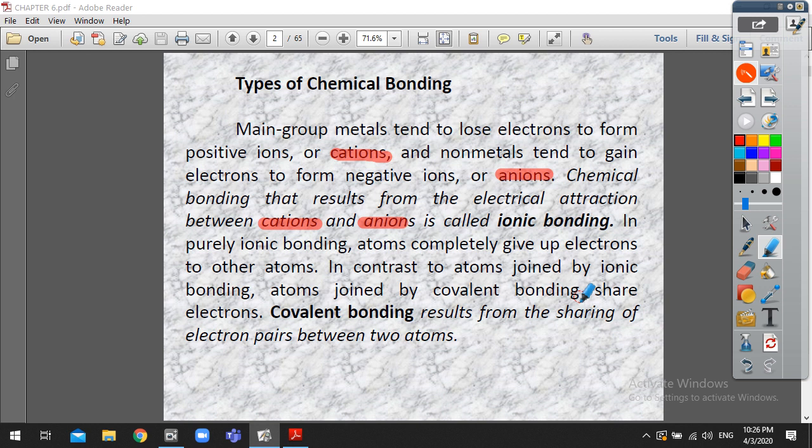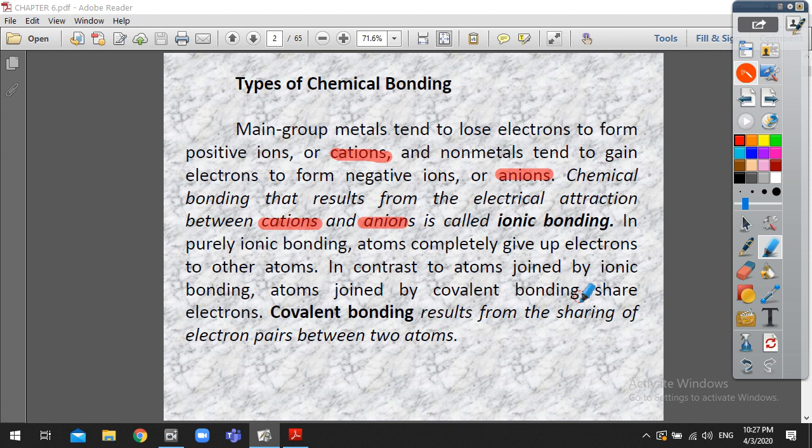Do you remember the ionic compound? When metals and non-metals combine, they form an ionic compound. It means that if a metal loses an electron, it becomes positively charged, a cation. If a non-metal gains an electron, it becomes negatively charged, an anion.